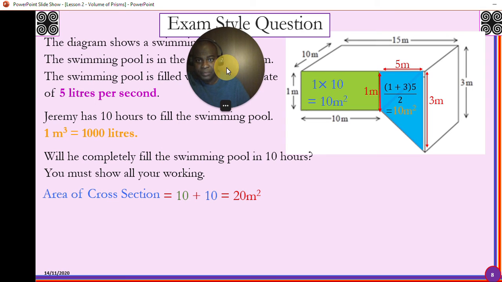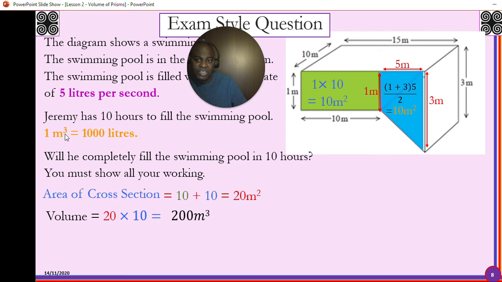Now, we are supposed to work out the volume. The length is 10. So volume now gives us 200 meter cube. Now, let us try to convert 200 meter cube into liters.